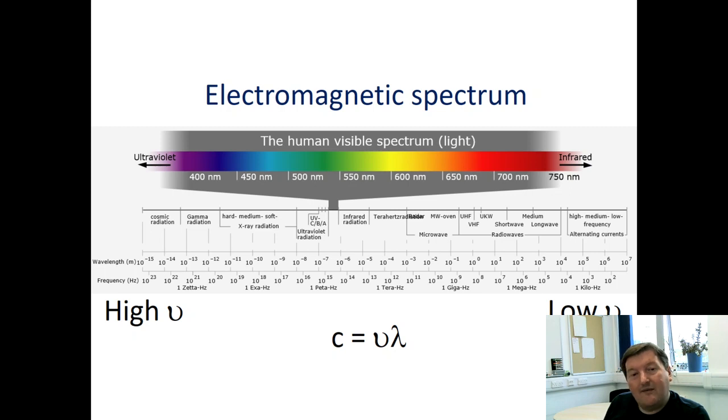So the wavelength of that radiation there is a kilometer, so huge, going peak to peak. And that would also have correspondingly low frequencies. So inversely proportional. So that's the electromagnetic spectrum.